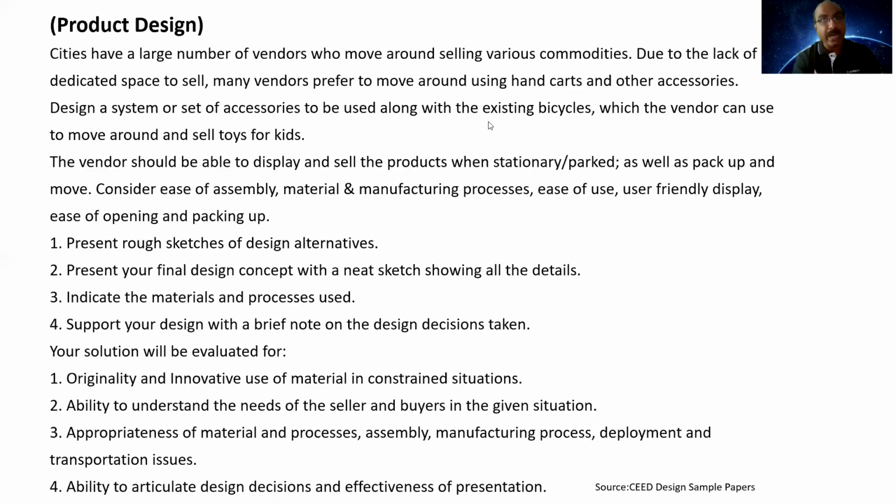Ease of opening and packing it up so that it can fold and then he can wrap up all his business and go to his home. So these are all constraints, and depending on those constraints, you need to produce some set of accessories or the bicycle itself, a design system for this. This is how the problem needs to be identified.